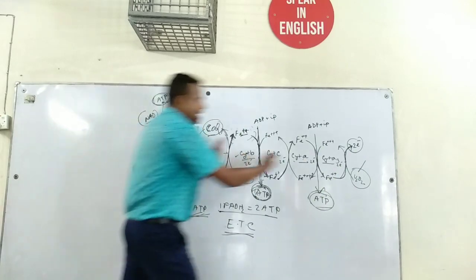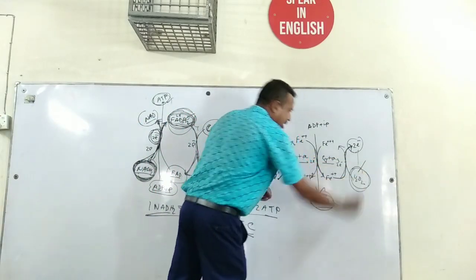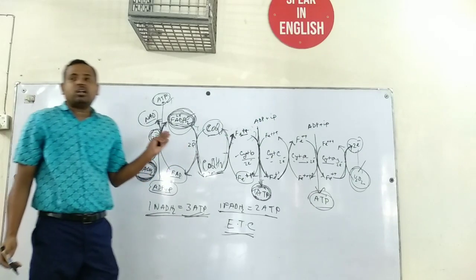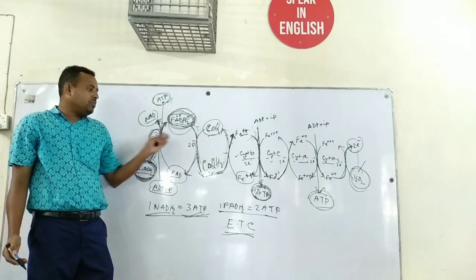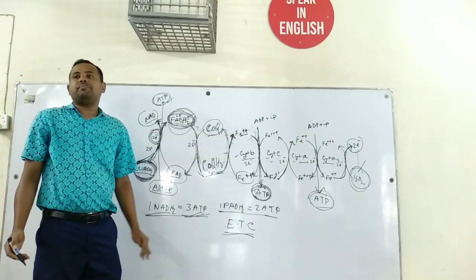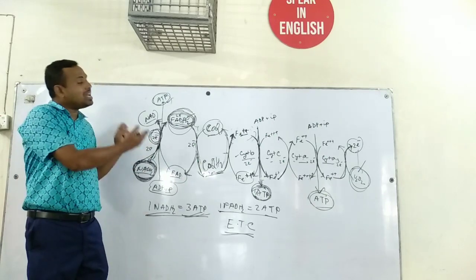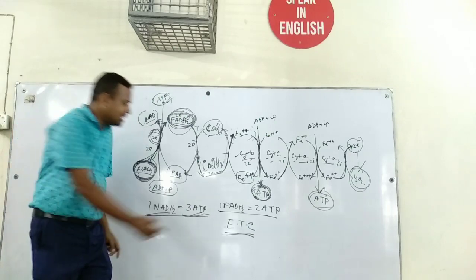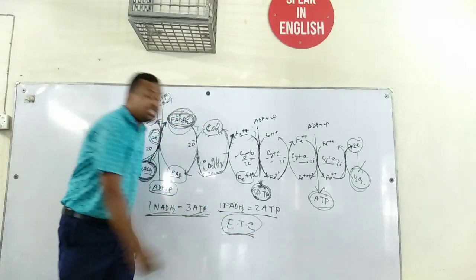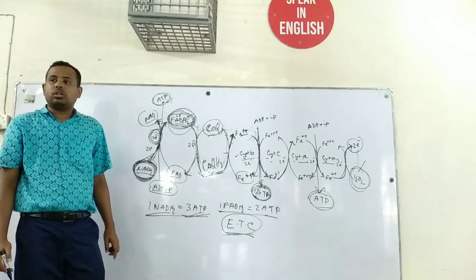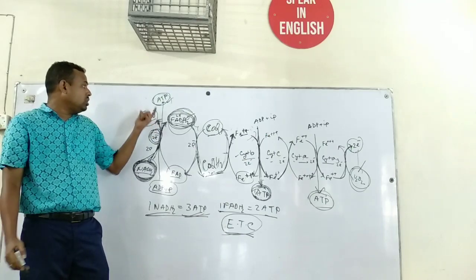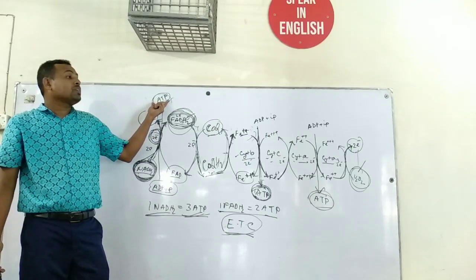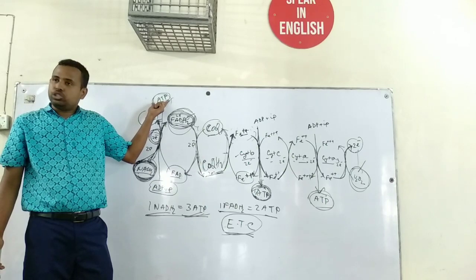And finally the electron is received by oxygen, because this is the last part of aerobic respiration. In aerobic respiration, the presence of oxygen is mandatory. Another name for ETC is oxidative phosphorylation. In my previous class I told you the ATP-producing reaction is called phosphorylation.